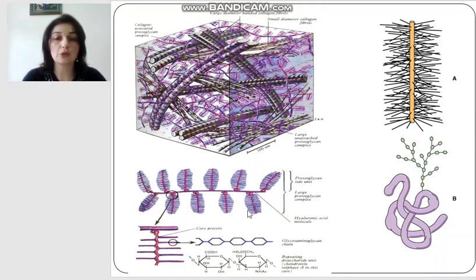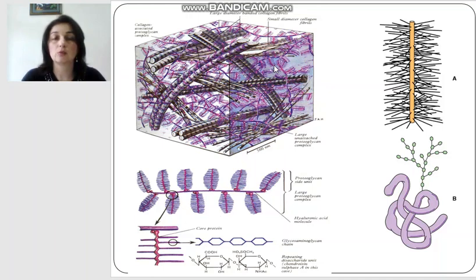In that way, aggrecan composites are formed. So they're huge molecules which occupy enough space in the extracellular matrix. Pay attention, these are aggrecan composites. These molecules will be responsible for the gel state of the extracellular matrix, and they will retard movement of microorganisms here.